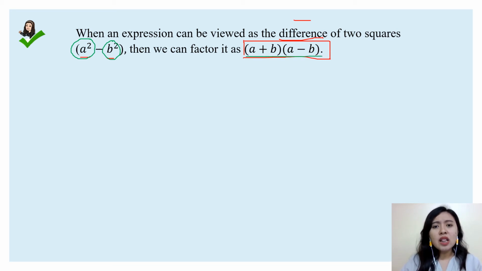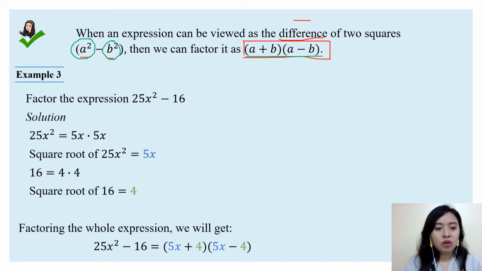Okay, let's look at an example so that you will understand better what I am talking about. Example number 3, factor the expression 25x squared minus 16. First things first, you have to analyze, are both the terms squares? Let's look at both terms. 25x squared.